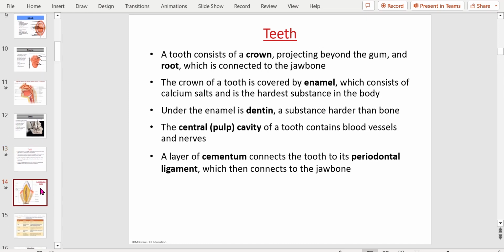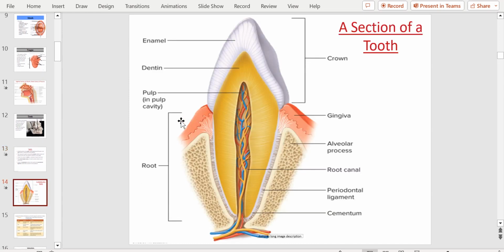And all of that right here, you'll see this is the root, underneath the gum, this is the crown, the tooth that we see above the gum. There's your enamel and your dentine, okay, pulp within the pulp cavity, and you'll see all the blood vessels in there, very much alive. Gingiva, that's the edge of the gum that touches the tooth. And if you're not familiar, you will be now.